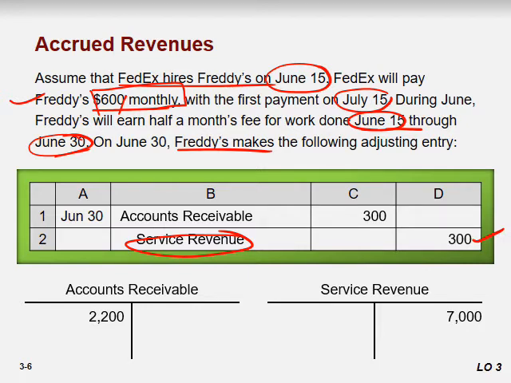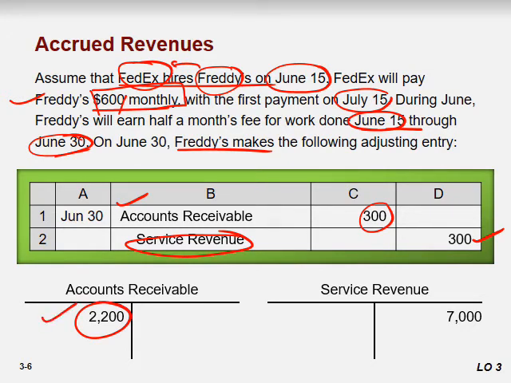And since FedEx becomes their customer, Friday's has to receive money from FedEx. So we create accounts receivable. Accounts receivable is our asset. Asset increase, debit. Entry would be accounts receivable to service revenue, and then we post it.